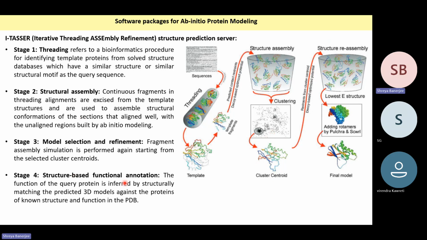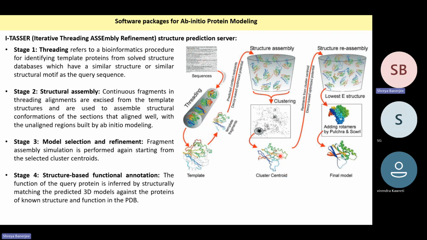And the final step is structure-based functional annotation. So whatever structure you are getting after refinement, that is compared with the structure of known proteins in the database. So that known protein has a particular function.